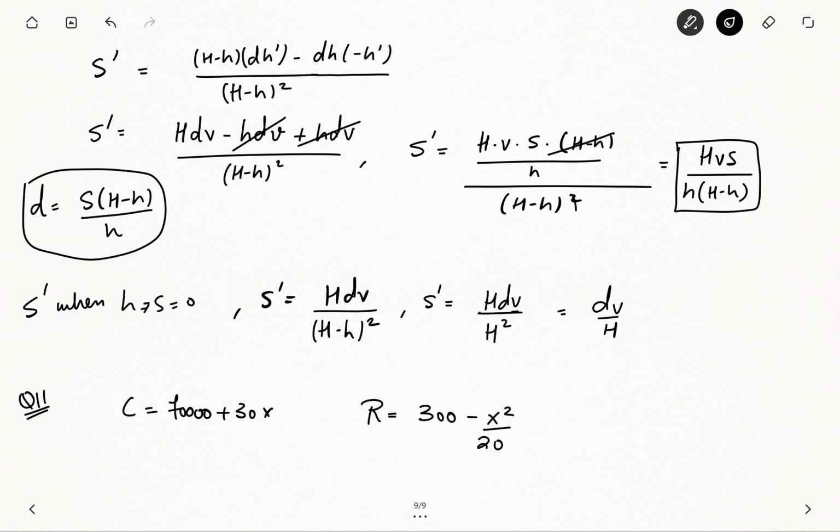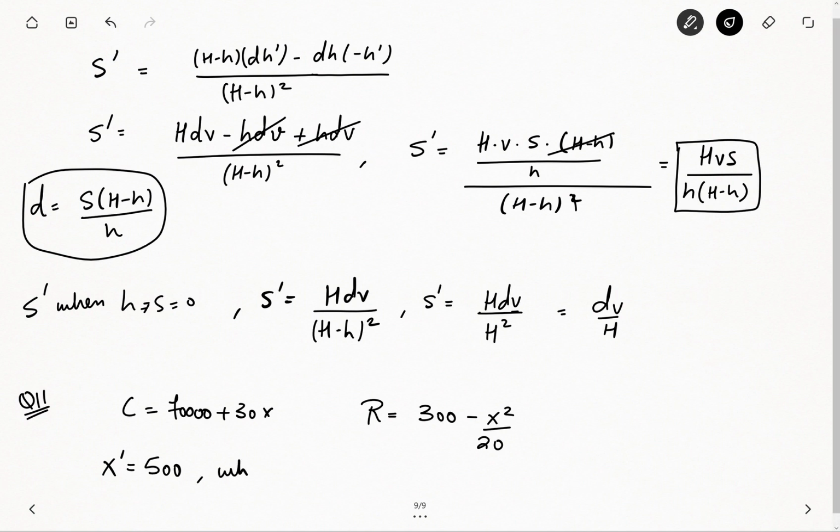Now the production rate is x prime, and that's increasing at the rate of 500 calculators per week. And now they want you to find when the production output is 6,000.